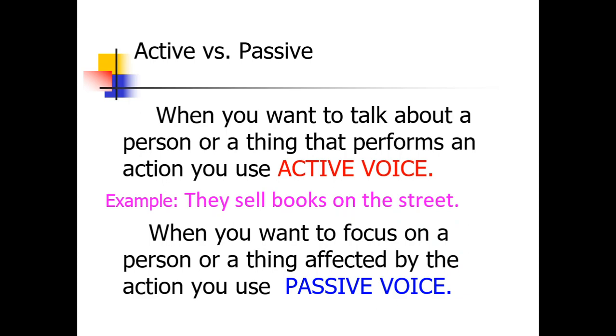When you want to talk about a person or a thing that performs an action, you use active. For example, they sell books on the street. And when you want to focus on a person or a thing that is affected by the action, you use passive. For example, books are sold on the street.